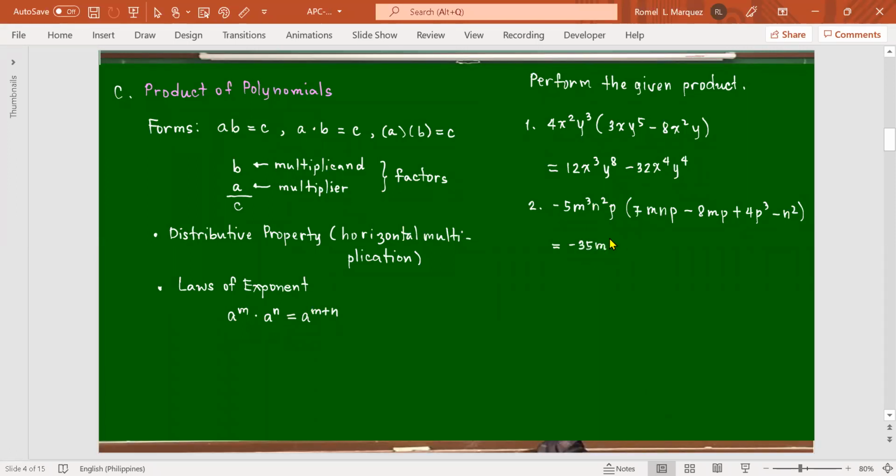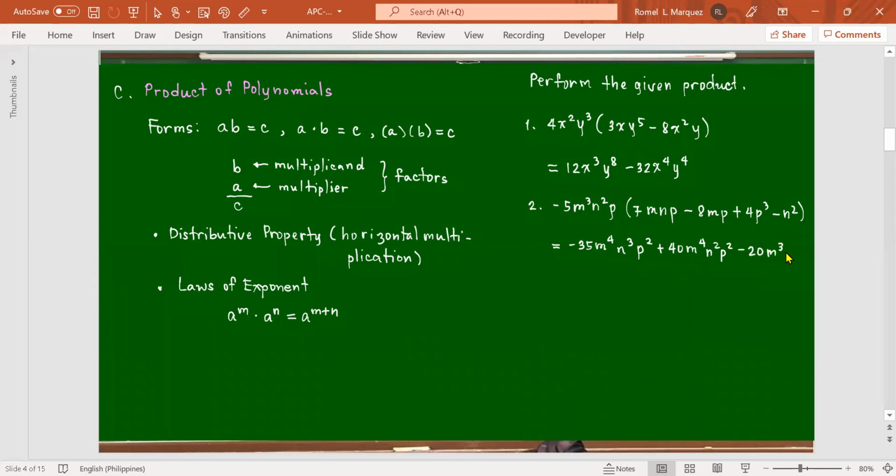Followed by m to the 4th, right? 1 plus 4, 1 plus 3, 4. N cubed, p squared. Negative 5, negative 8, positive 40. M to the 4th, n squared, p squared. Plus negative 20.